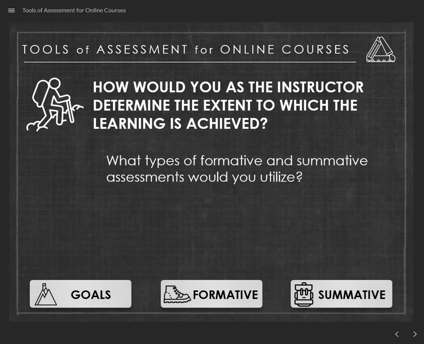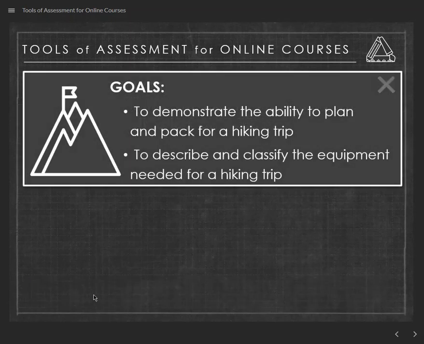So this was the question which we asked just now: what types of formative and summative assessments would you utilize? And again, these were the goals which you all clearly identified. If they're going to be doing these things, then we need to have them show that they've done that.